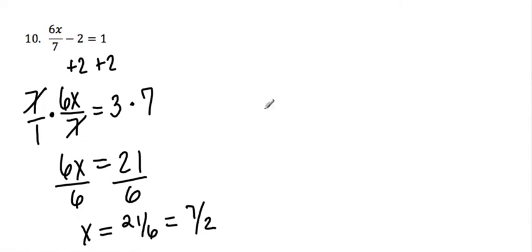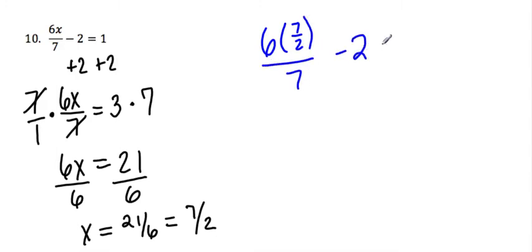So now I can check that. Anytime you have fractions, you can put that in your calculator and check it. Since I don't have one, I'm going to do this just in my head. This is 6 over 1 times 7 over 2. So I'd multiply 6 times 7 over 2, and all of that's divided by 7.